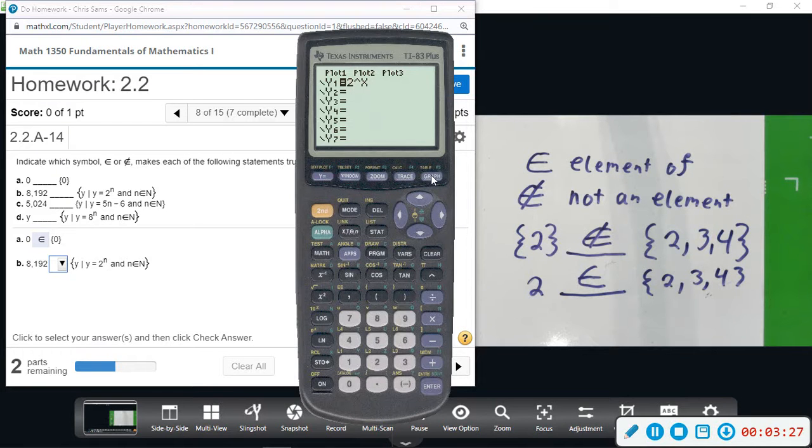If I go to my graph, second graph, I'm going to be scrolling down, and I'm trying to see if I get to 8,192. May take some time, but let's go. We're getting there pretty quick. Okay, so when we use the whole number 13, which is a natural number, we do get 8,192.